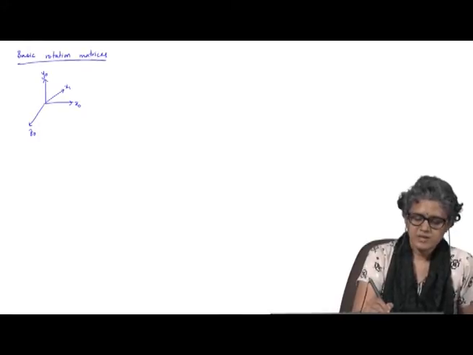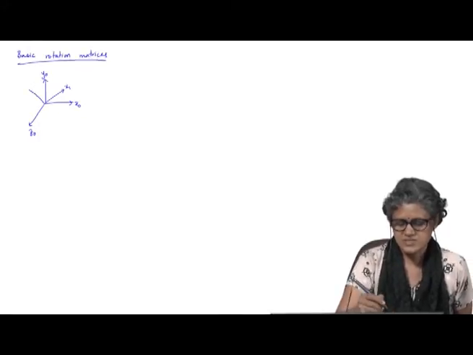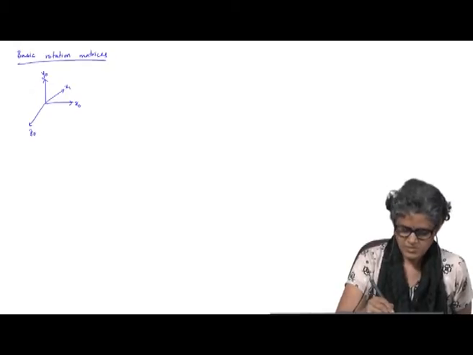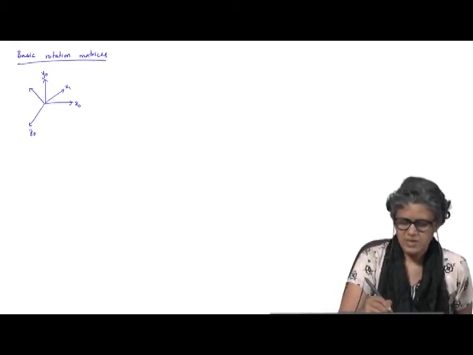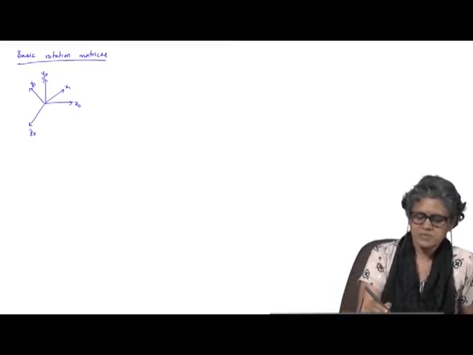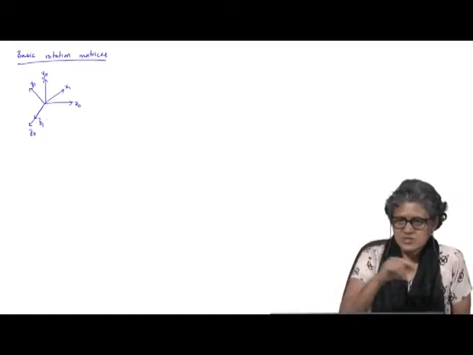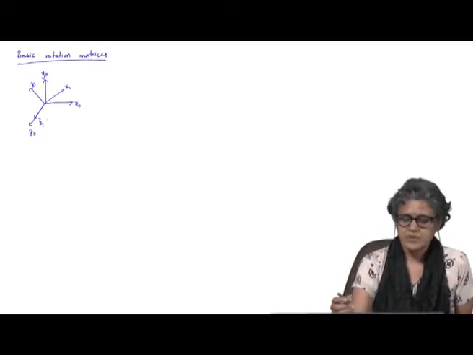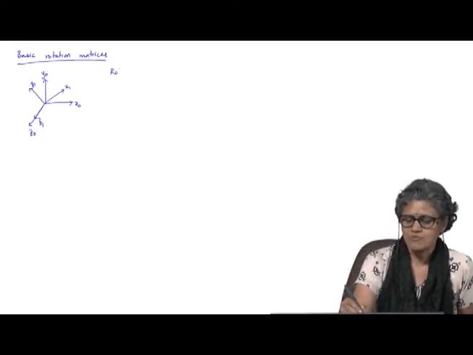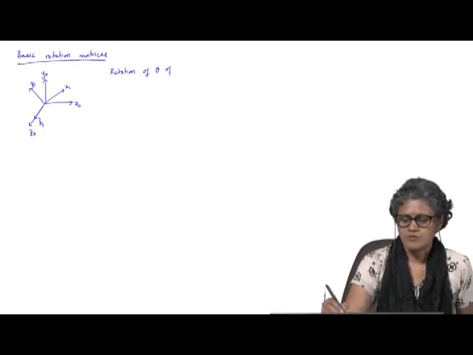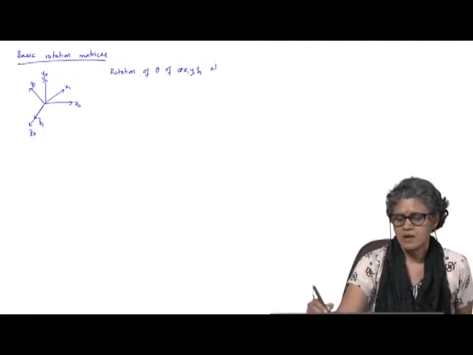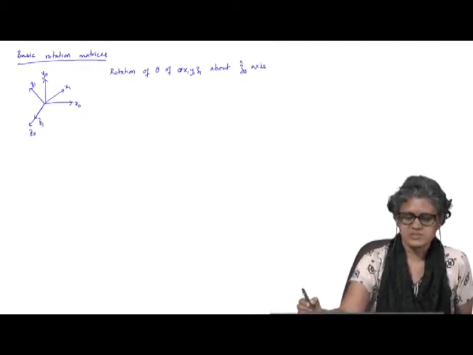And I have another coordinate system x1, y1, z1, where the rotation happens about z0, so that z0 and z1 are aligned. Okay. So, I have a rotation of theta of O x1, y1, z1 about the z0 axis.